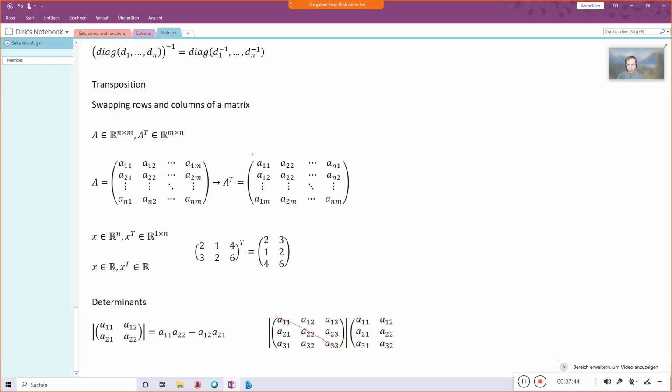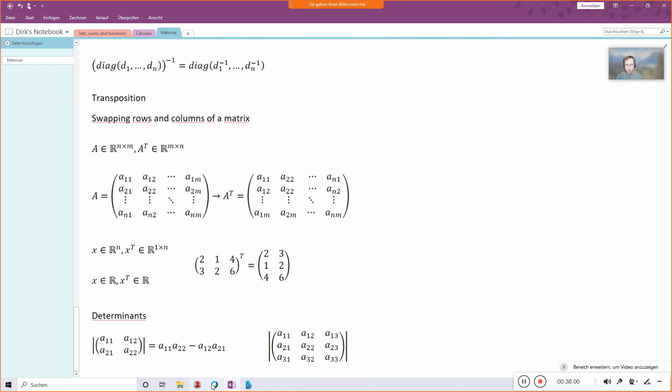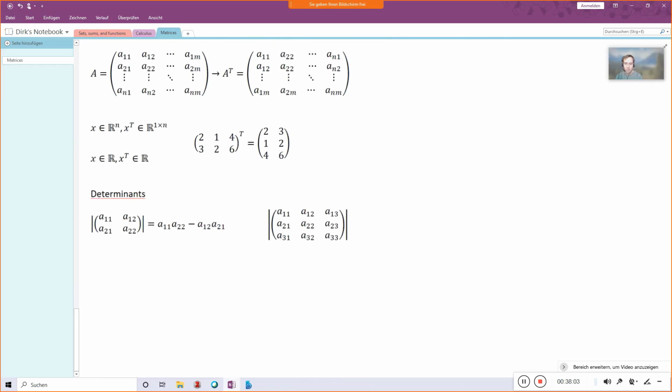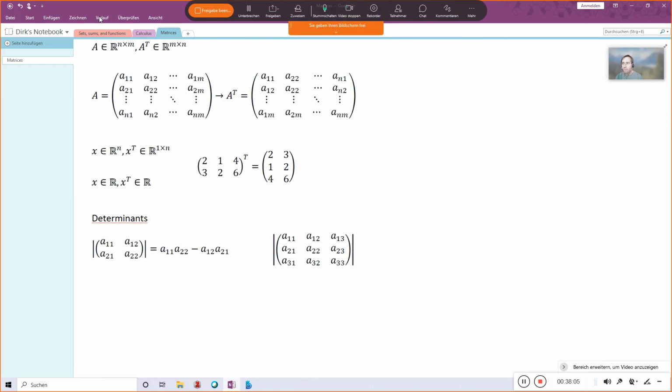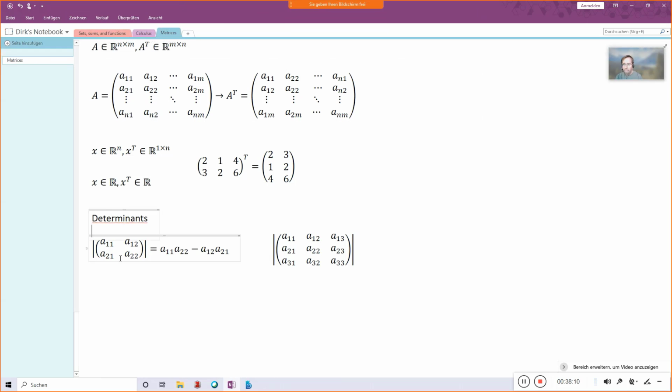So the determinant here evaluates to A11, A22, A33.